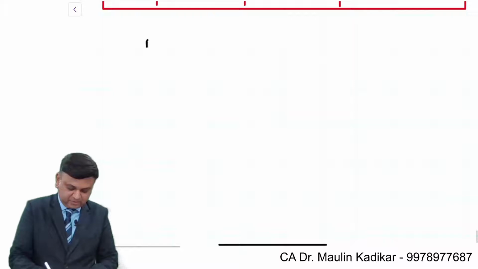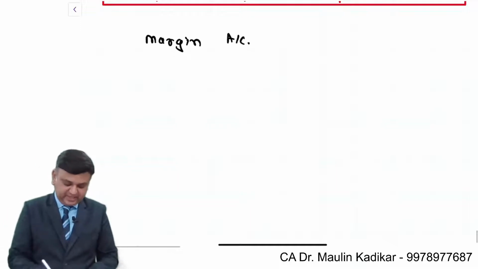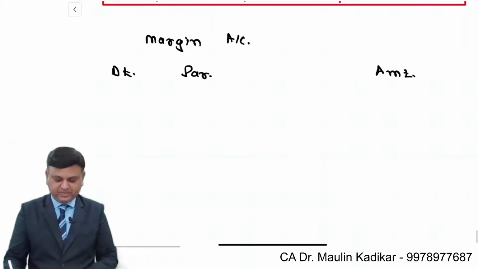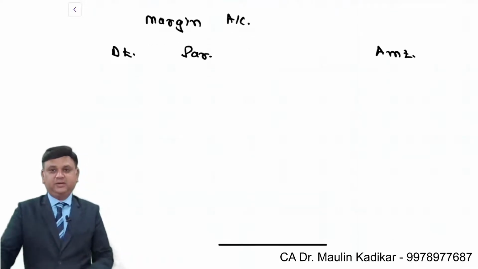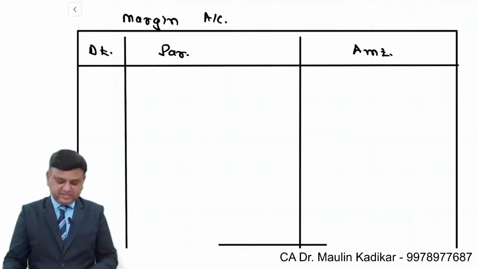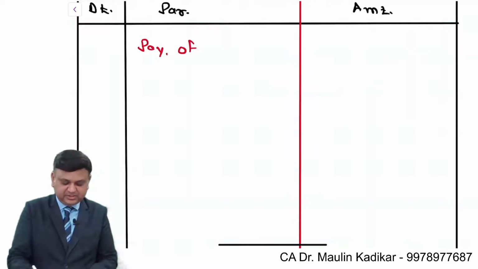Next is the margin account. Again, the margin account will have the date, particulars, and amount. Try to complete it. Let us start. We understand that we start with the payment of initial margin.